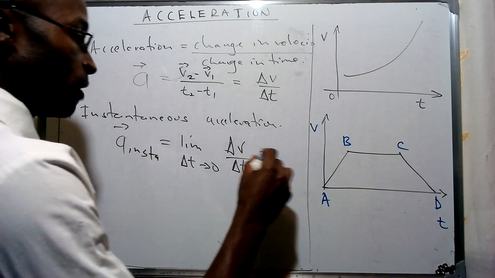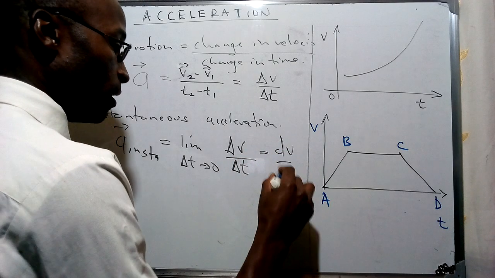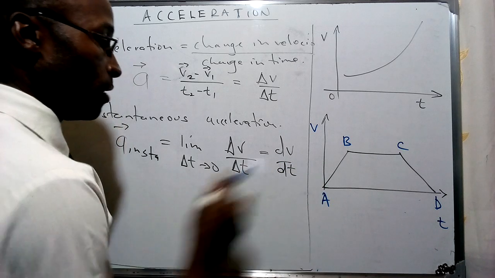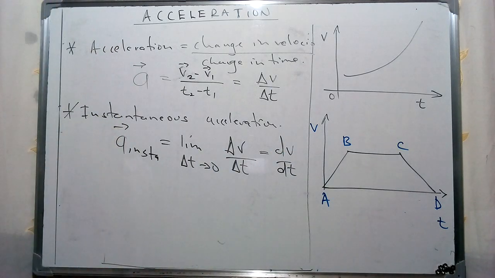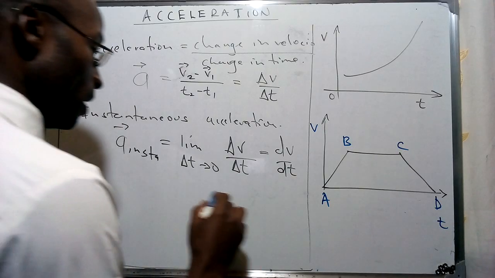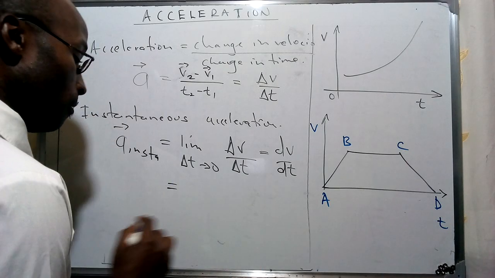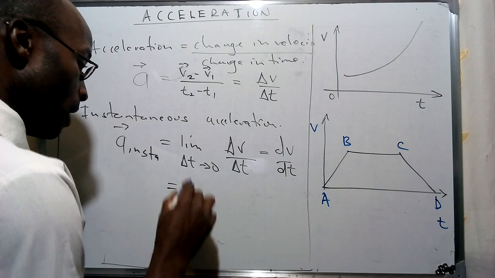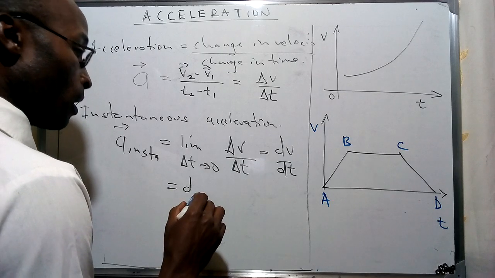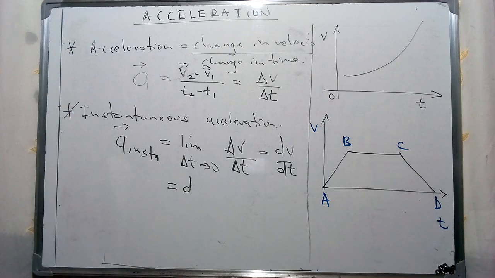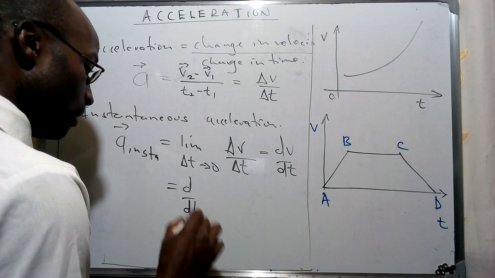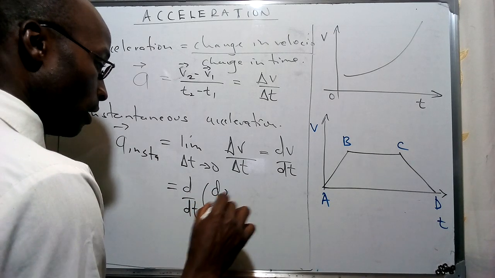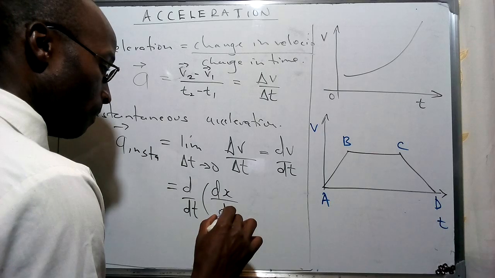So this one can be given in terms of dv over dt, which basically implies the change in velocity over time. And then this one still can be given in terms of this specific derivative now that we have introduced that differential. So we're going to have this one given in terms of dv. So v, we had said, basically is going to represent velocity, which is basically the ratio between change in displacement over change in time.